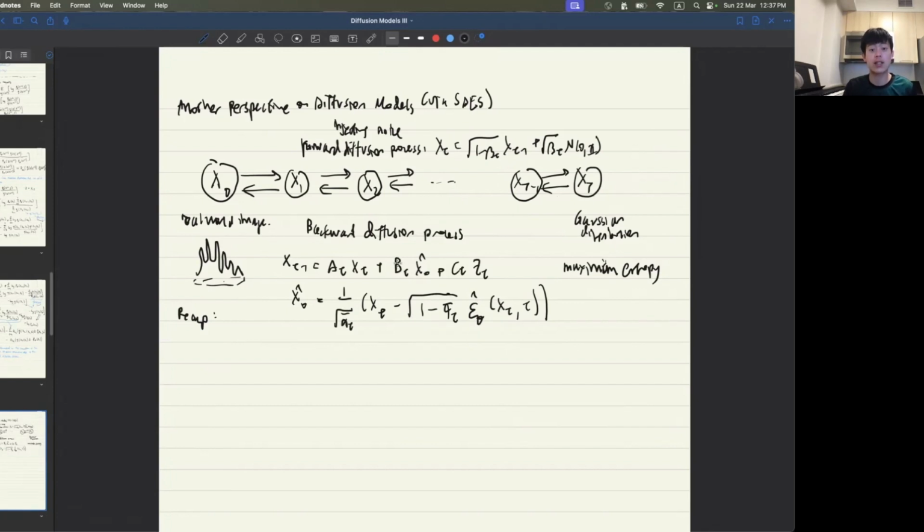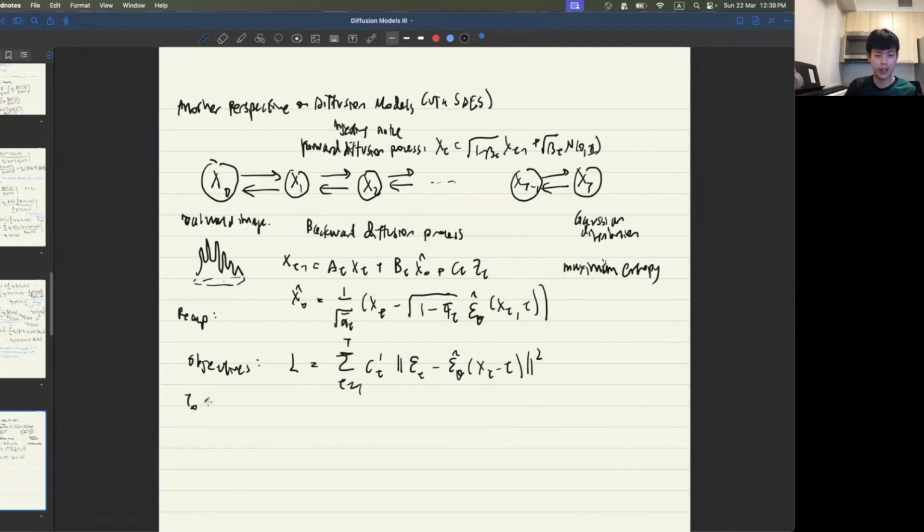This fully specifies the backward diffusion process, and we can calculate our objectives. Through all our work yesterday, we have managed to get that the objective really reduces to minimizing the sum of some constant Ct prime times the mean squared error of the actual cumulative noise minus the predicted cumulative noise.